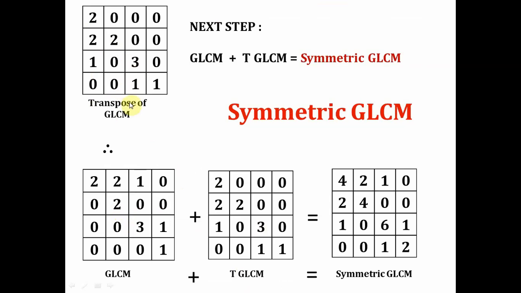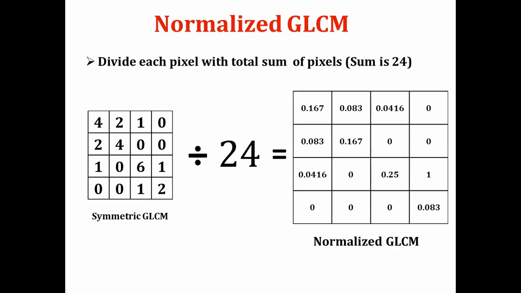So GLCM and the transpose of your GLCM will give you the symmetric GLCM. After the symmetric GLCM, you will go for normalization.